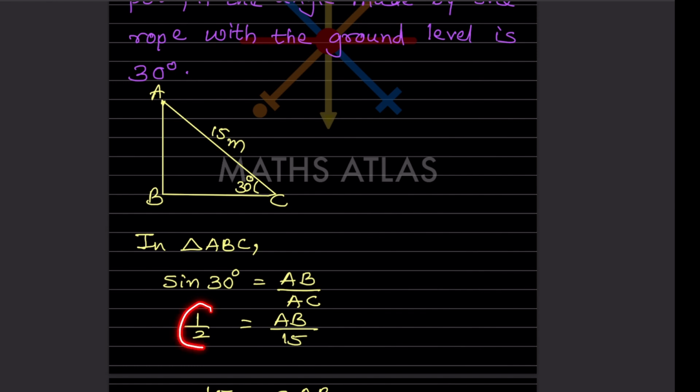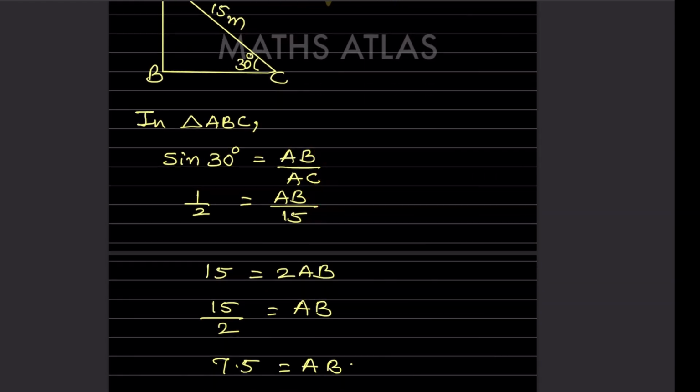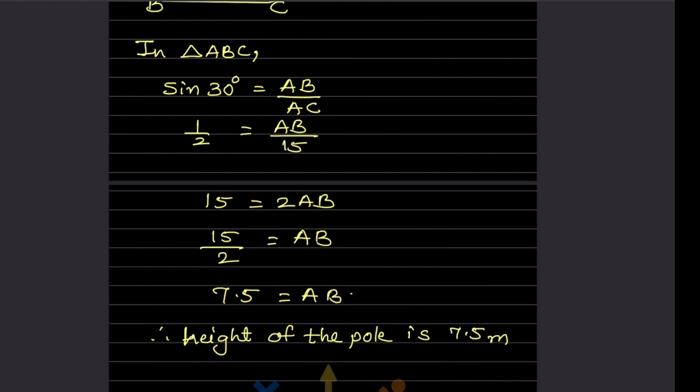Sine 30 is 1 by 2; you can just refer to the table. AB we don't know, AC we know, that is 15. When you cross multiply, you get 15 is equal to twice AB. So 15 divided by 2 is AB. When you divide 15 by 2, you get 7.5, which is AB, which is the height of the pole, 7.5 meters.